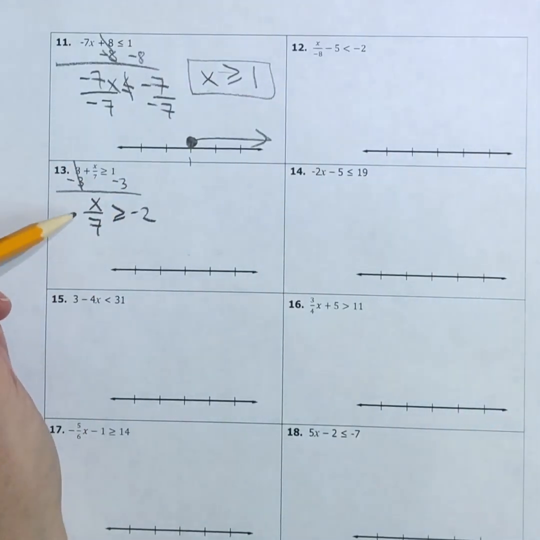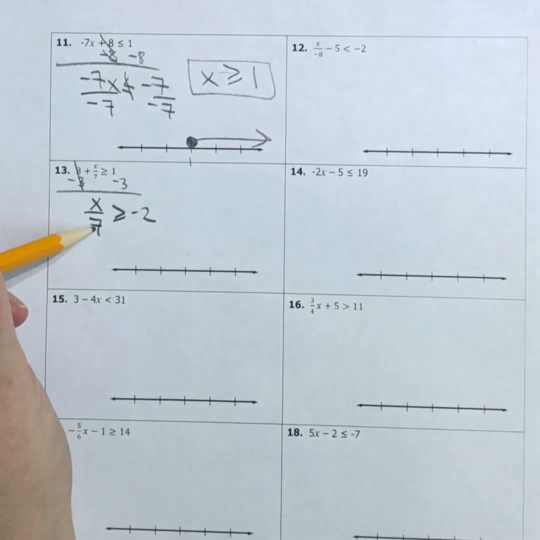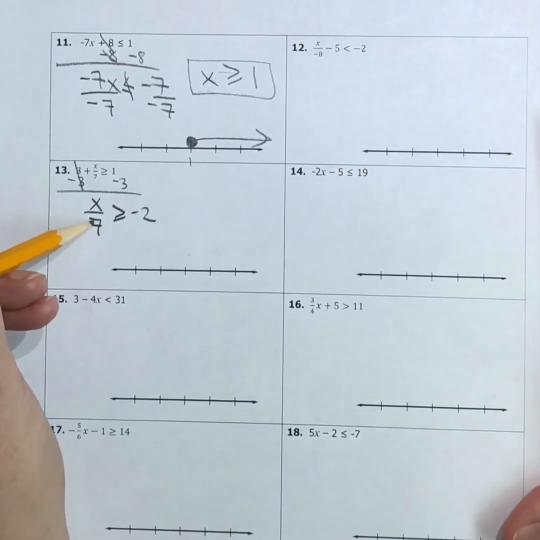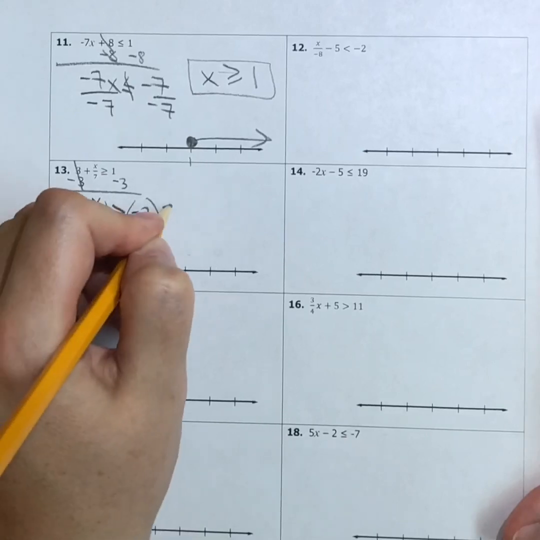Now, I know a lot of people start to get nervous or freak out when they see a fraction. And remember, fractions are just division. So if I have x over 7, that means x divided by 7. Well, when you're solving, you always want to undo the operation that's currently there, or basically cancel it out. So the opposite of dividing by 7 is I'm going to multiply by 7 on both sides.